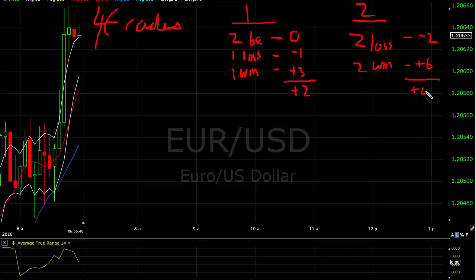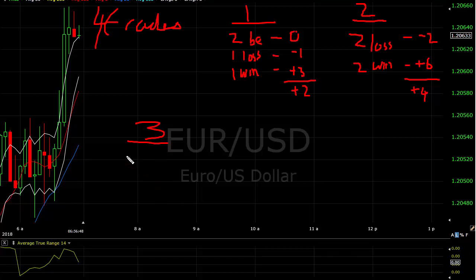Okay, so far so good. But there's also a third scenario. Scenario 3: what if the trader had moved their stops to break even? So we're talking about having 2 break evens, 1 loss, 1 win.